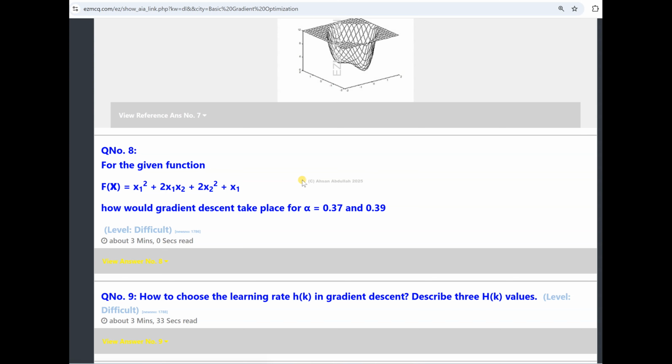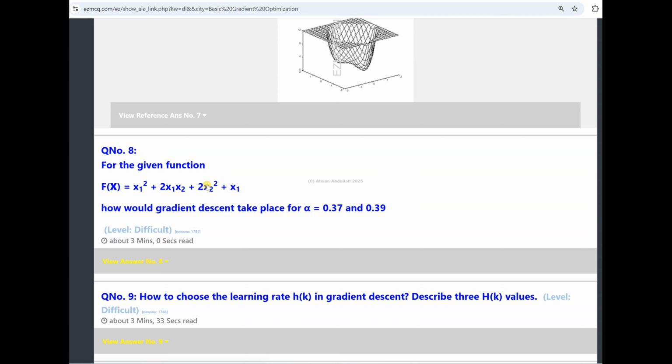Basically this is defining a convex surface. How? Because it's quadratic. It is entirely quadratic, so there is no other function, of cubic nature, that could have caused it to become non-convex. So this looks like an elliptical bowl, and of course there is a single minima.